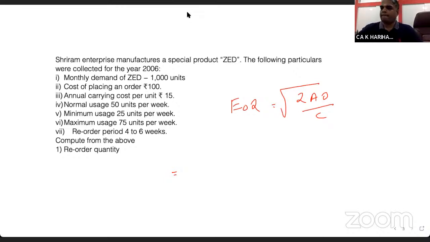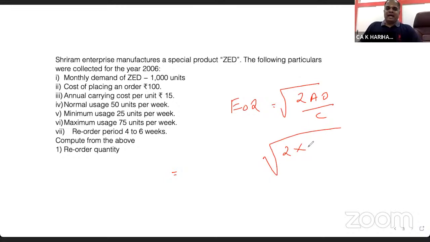Fine. So square root of 2AO divided by C. Okay, Deepika. Good.